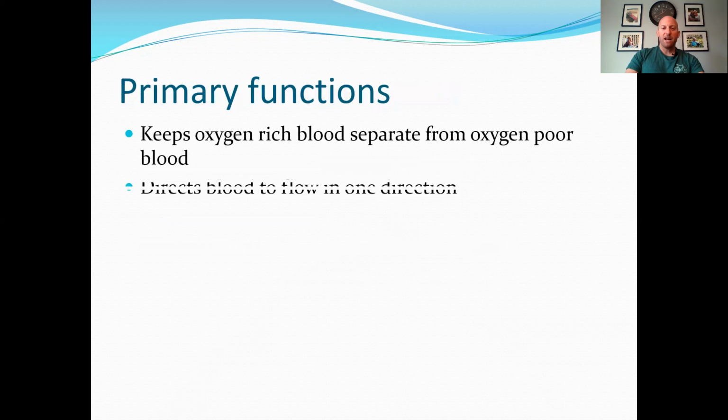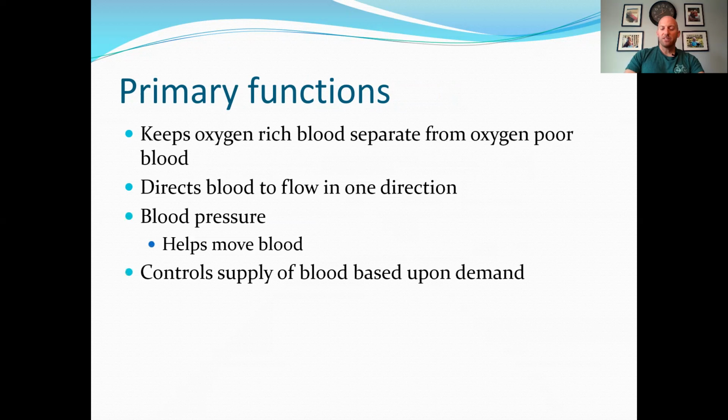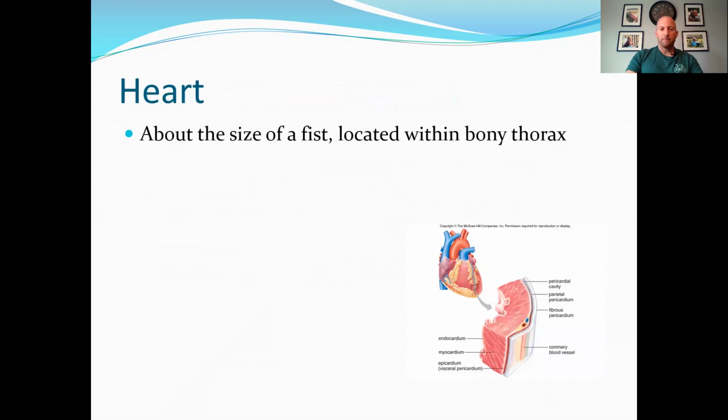We keep the oxygen-rich blood separate, directing it in one direction. This is what separates us from a lot of the primitive species: we have the separation of the oxygen-rich and the oxygen-poor blood. The veins and all of the different arteries are separate, and that's the important part.